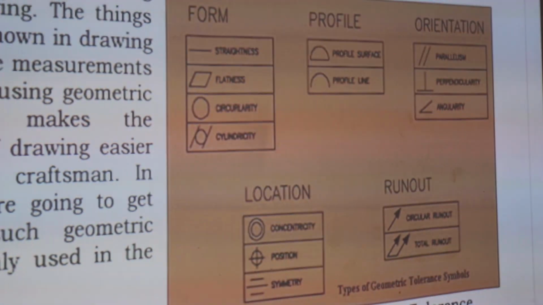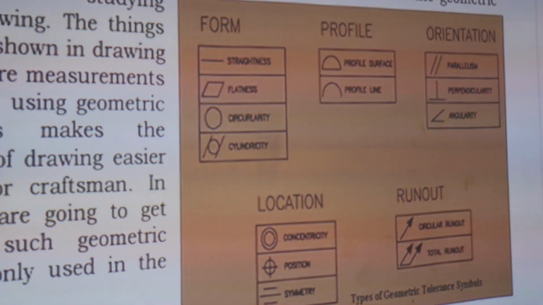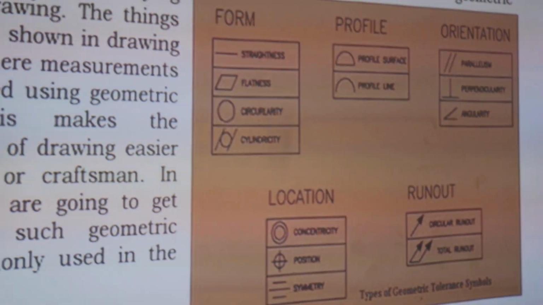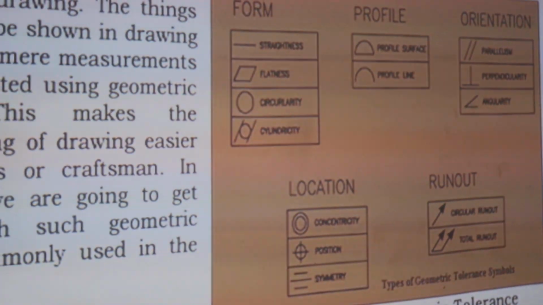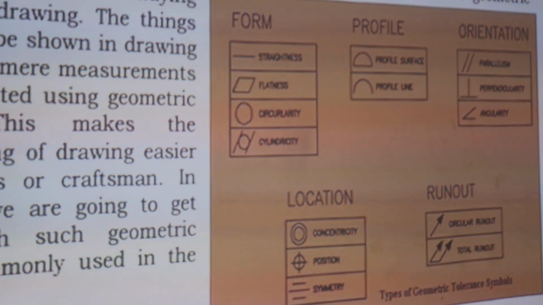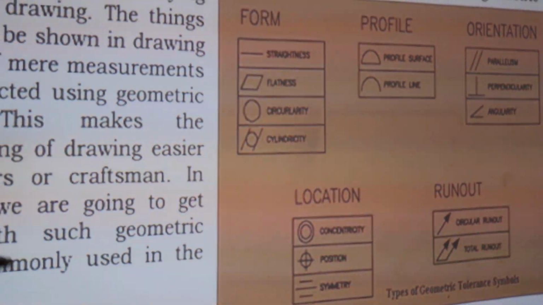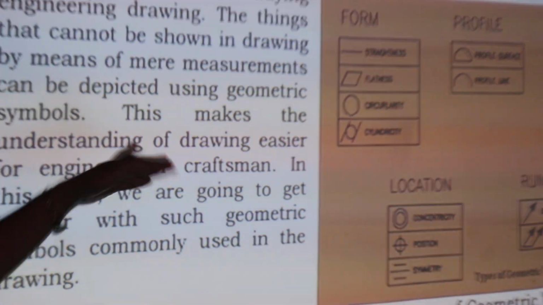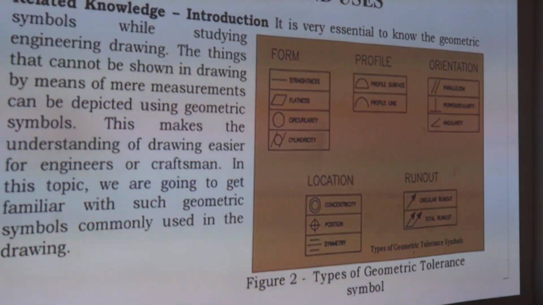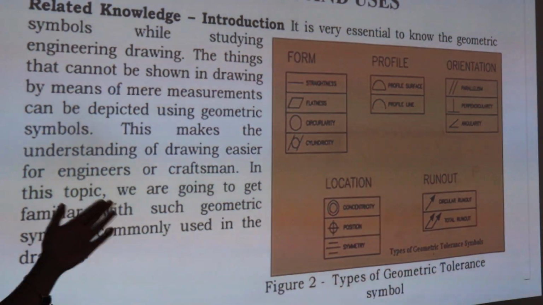For form, you can see there is one thin line, that is called straightness. Another, like a square but a little bit tilted, is called flatness. And circular, you can see, and another is cylindricity, for the form. For profile, there are profile surface and profile lines.